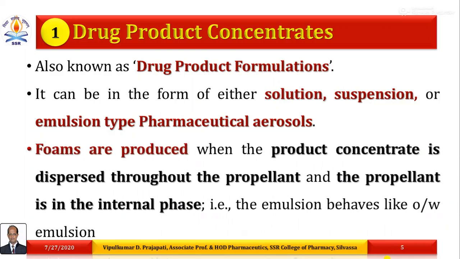Foams are produced when the product concentrate is dispersed throughout the propellant and the propellant is in the internal phase. That is, the emulsion behaves like oil in water emulsion. So drug product concentrate contains not only drug but other additives are also added to make the desired form of the product.